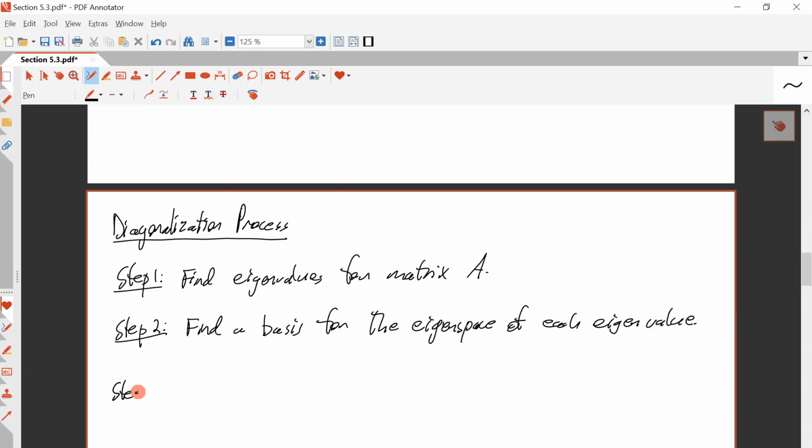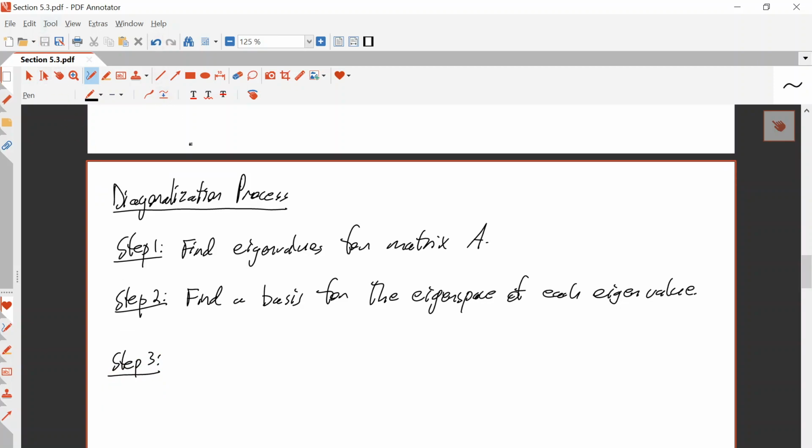Step three, we'll say this is an n by n matrix.